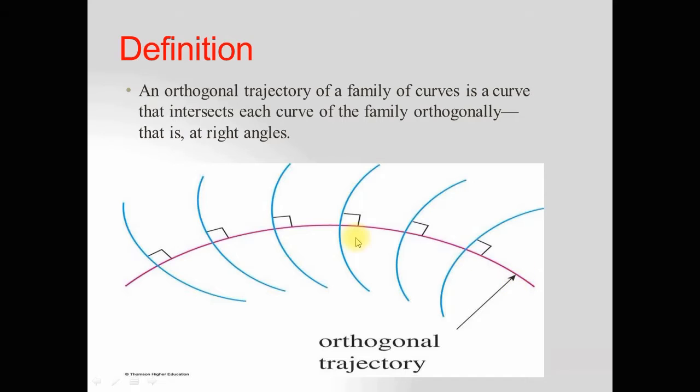So this curve intersects these other curves at a 90-degree angle. So this is an orthogonal trajectory, because this curve intersects all these curves at a 90-degree angle.